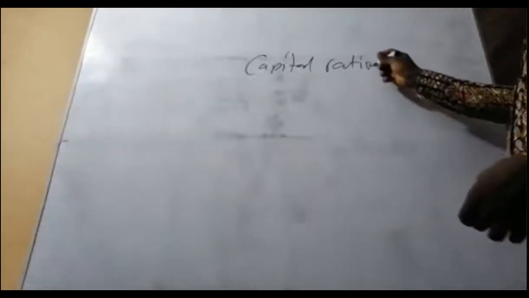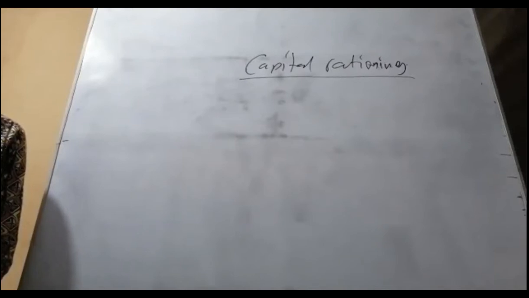Good. So that is it. Capital rationing. It's a strategy adopted by an entity where there are limits on the resources available to undertake an investment. That is the basic meaning of capital rationing.